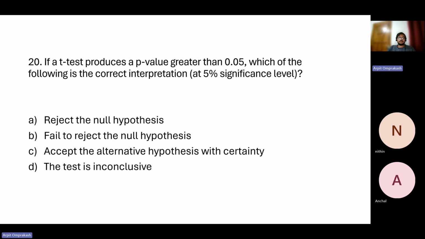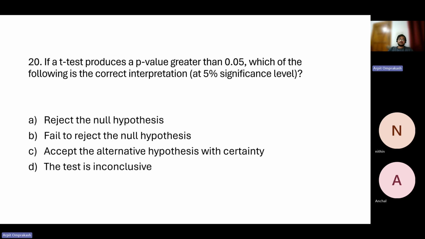Next question is, if a t-test produces a p-value greater than 0.05, which of the following is the correct interpretation at 5% significance level?